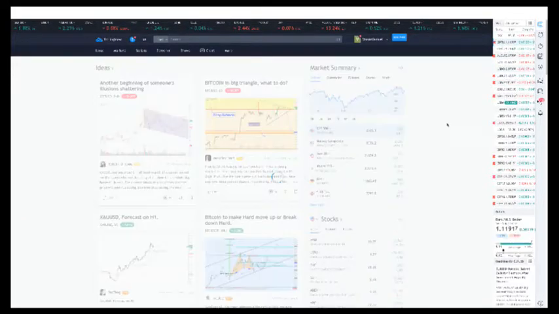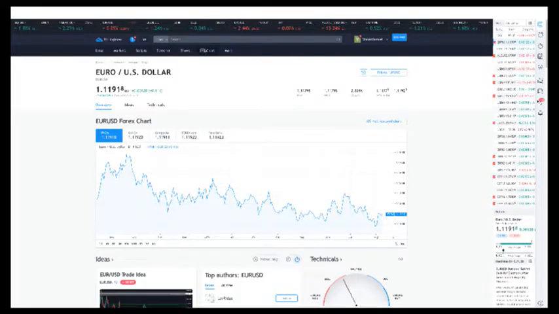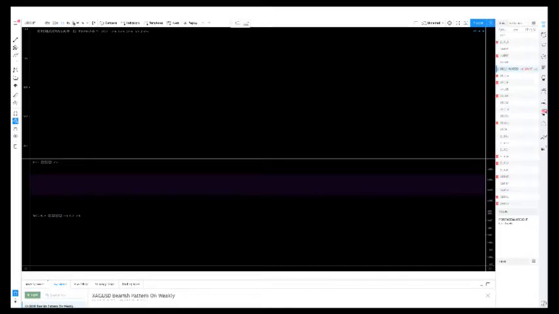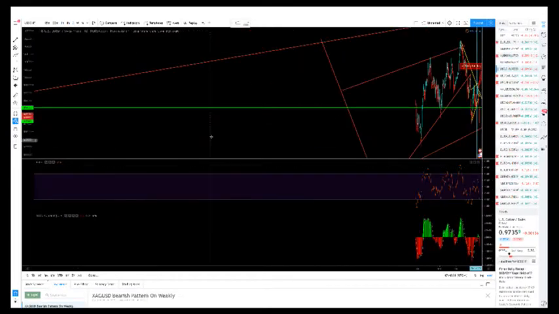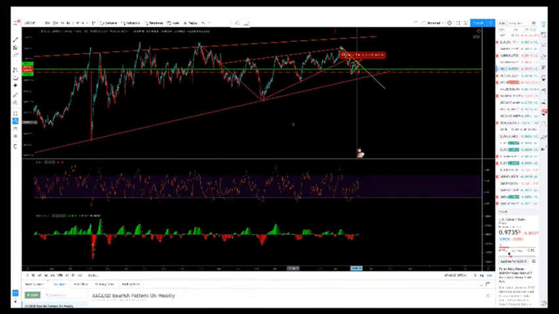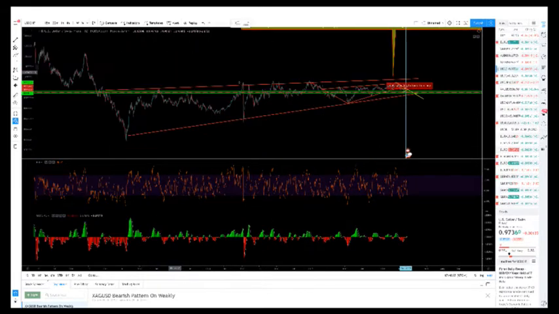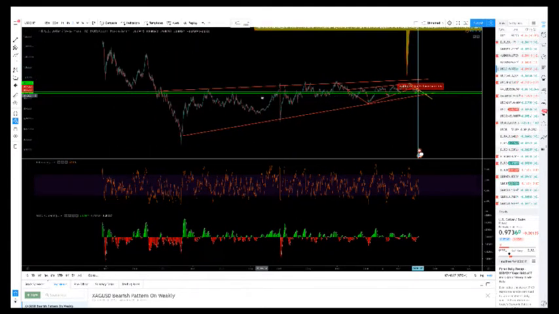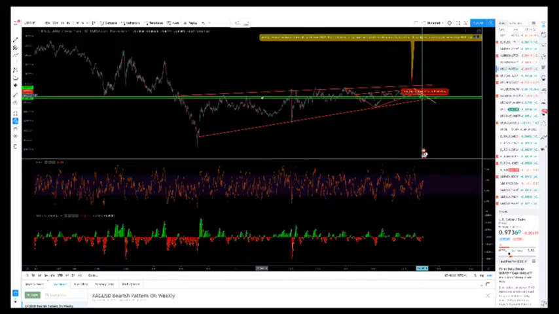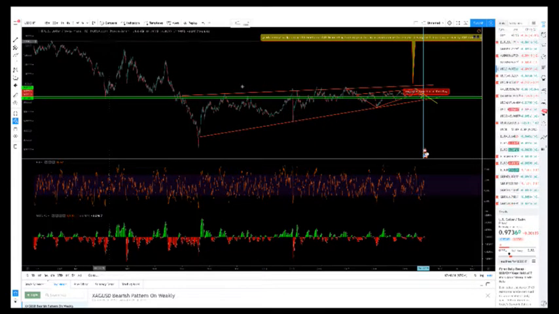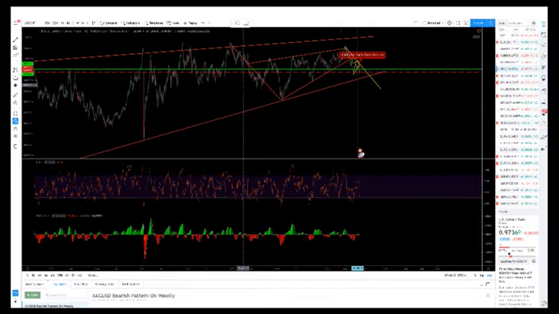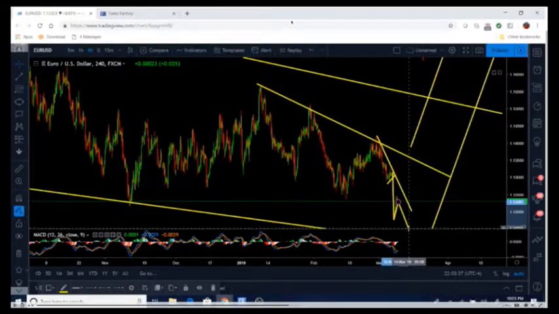I think there's going to be one more drop. You got your impulse, gain your flag, one more drop. And then once it hits the bottom, then we're going to look for a reversal.